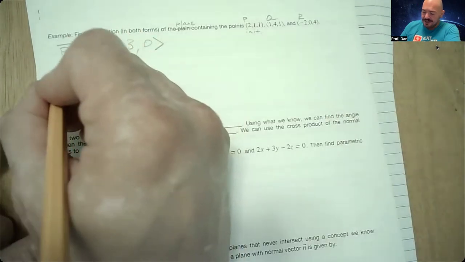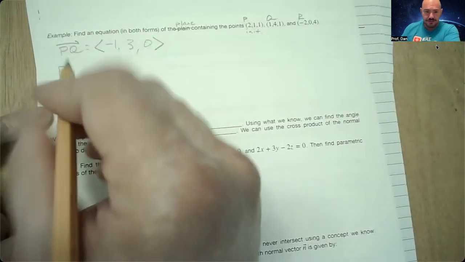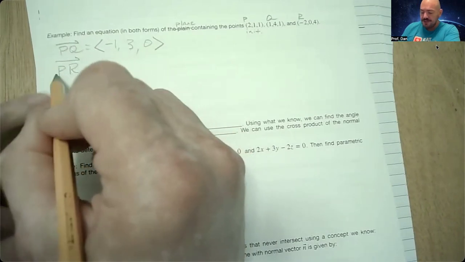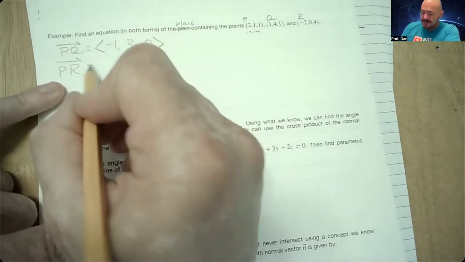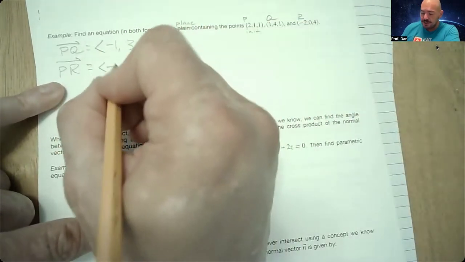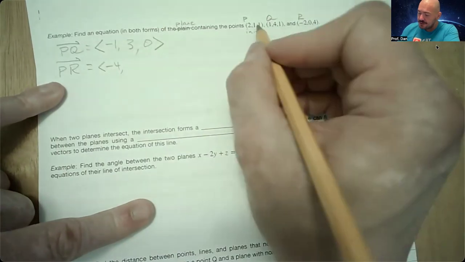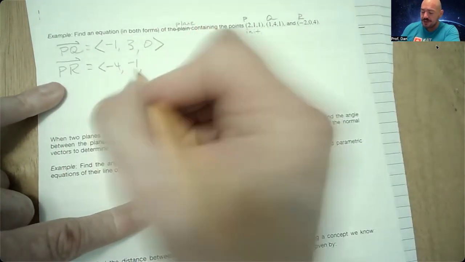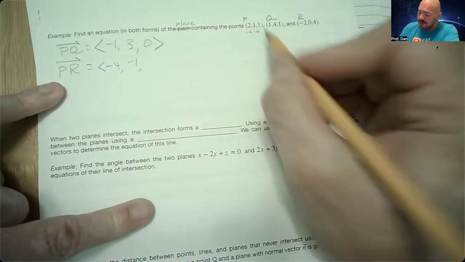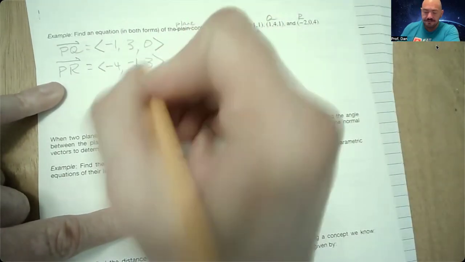The other vector has to have the same initial point. So P has to still be included here. So PR. If I look at PR, negative 2 minus 2, we get negative 4. 0 minus 1, we get negative 1. And 4 minus 1, we get 3.